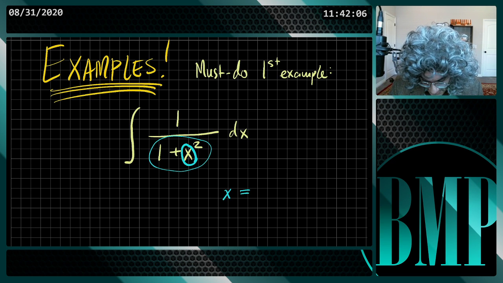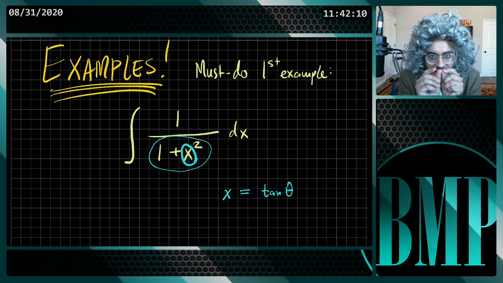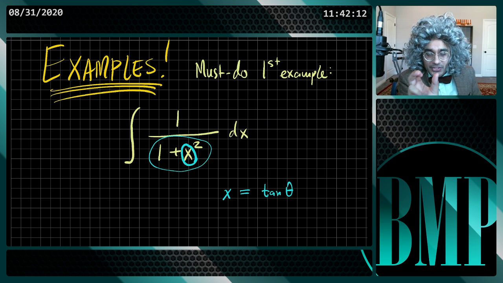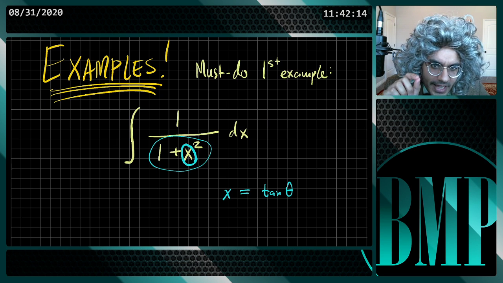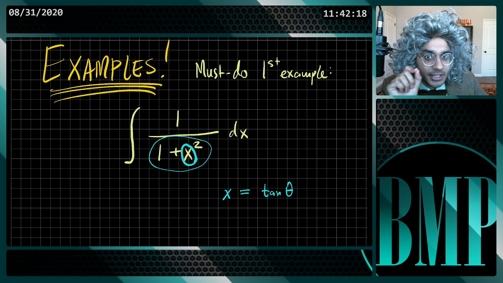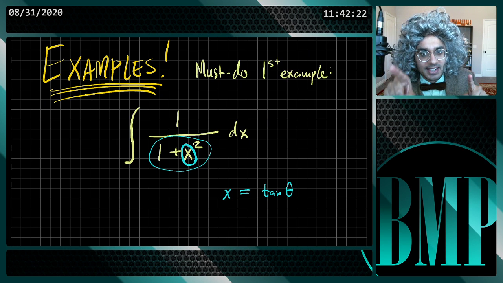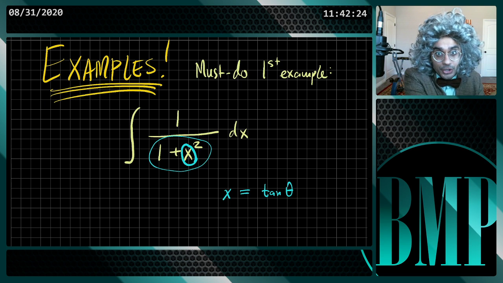x is tangent of theta. In other words, into x, you insert tangent of theta. It's a different flavor of substitution than you're used to. You're usually used to cordoning off a big complicated thing with x's and calling that u.